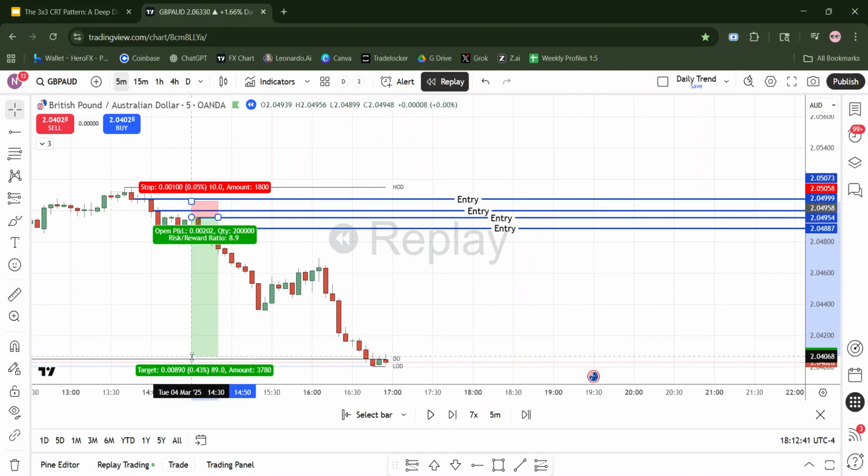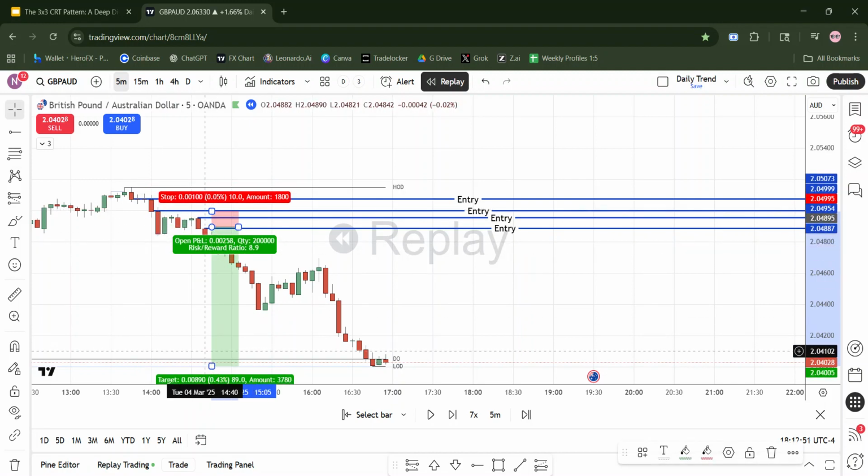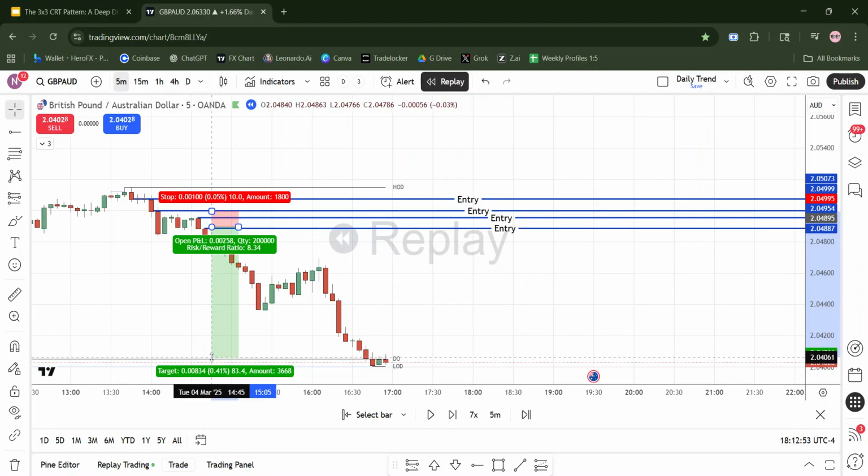This could have been like another 90. So that's 100, 200, 300. Close to about almost $400 worth of profit.